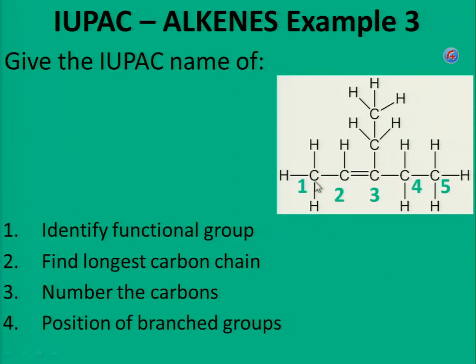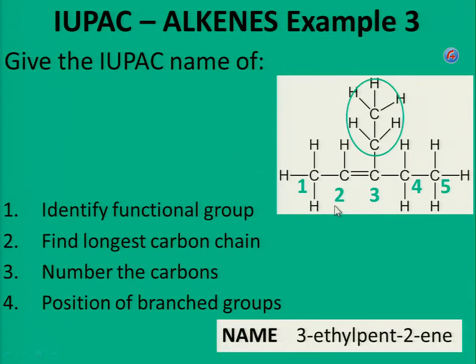Number the carbons. 1, 2, 3, 4, 5. And now you identify the position of the double bond and the branch. You have a branch at carbon 3 with 2 carbons, therefore ethyl. And you have a double bond at carbon 2, therefore 2-ene. So 3-ethyl pent 2-ene.